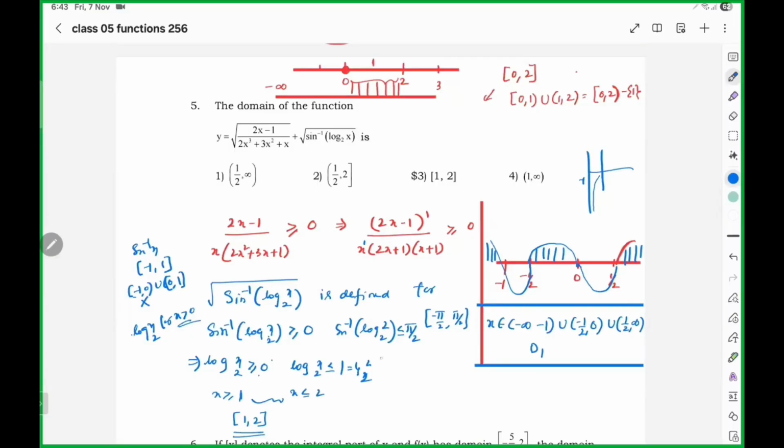And another point here is, less than pi by 2 means I cannot go up to, sorry, sine inverse range, yes, minus pi by 2 to pi by 2.